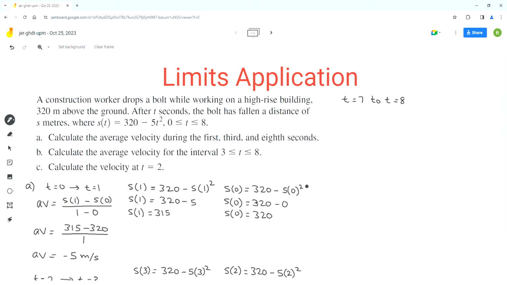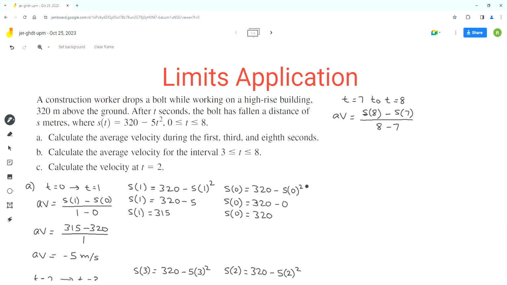The setup will be average velocity equals s at 8 minus s at 7 over 8 minus 7. Now we have to calculate the values of s at 8 and s at 7 from this given function.